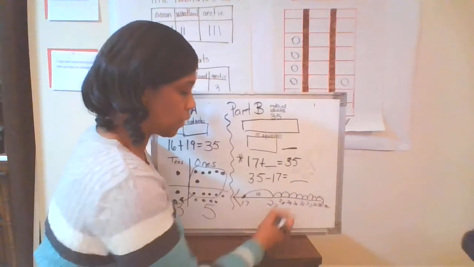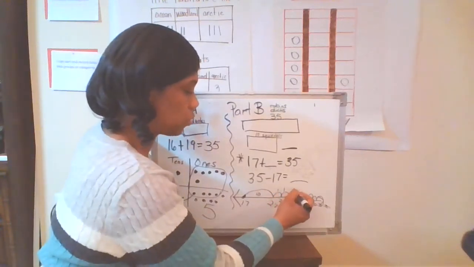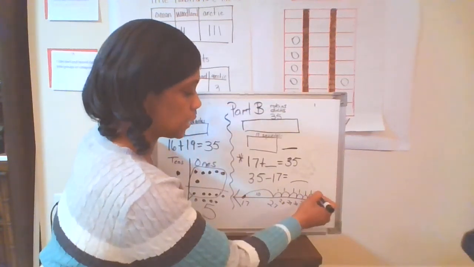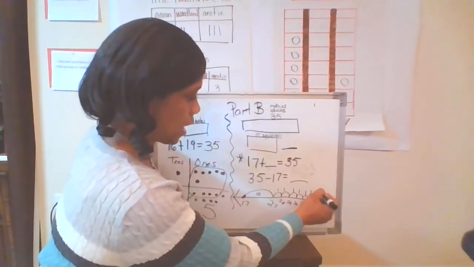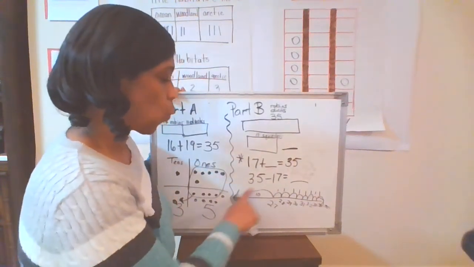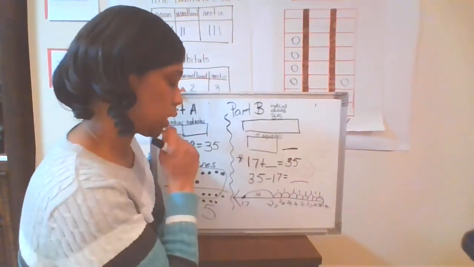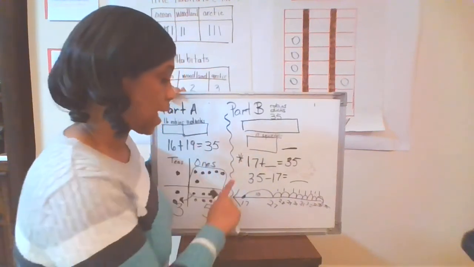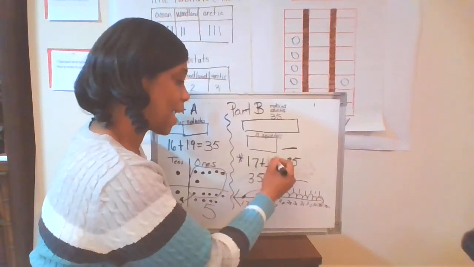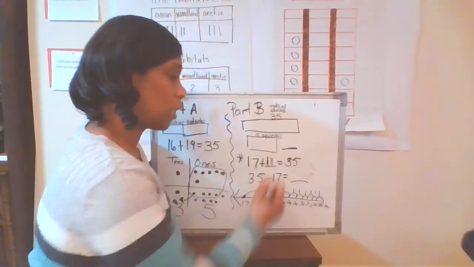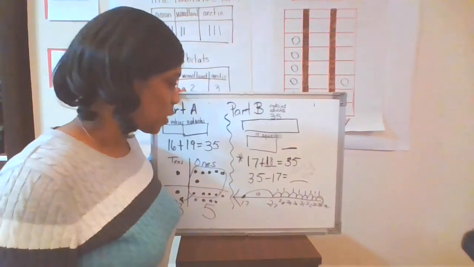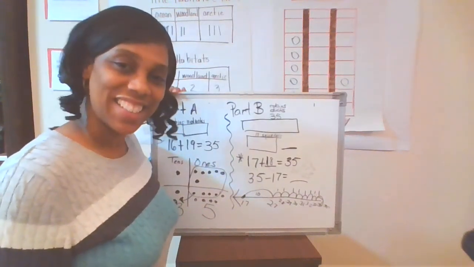Let's see how many ones I've counted. 1, 2, 3, 4, 5, 6, 7, 8. So I hopped 1 10 and 8 ones, which means that 17 plus 18 equals 35. So my answer would be 18.